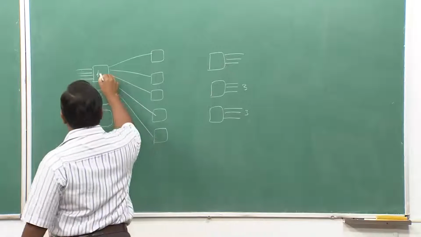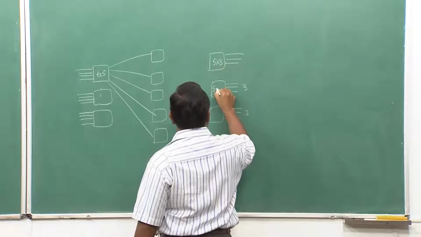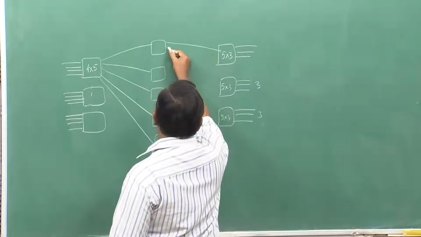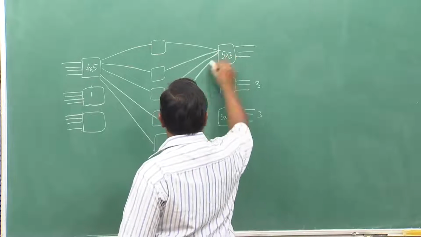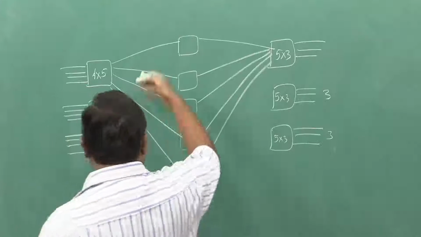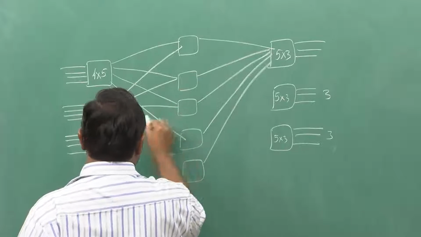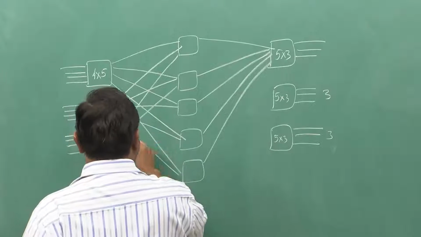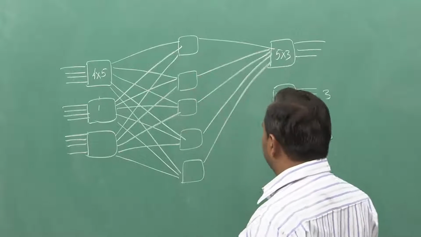So, the switch size is 4 by 5 and this is 5 by 3. Okay. So, let me do it actually completely. So, all middle stage switches are 3 by 3, all of these are 3 by 3.